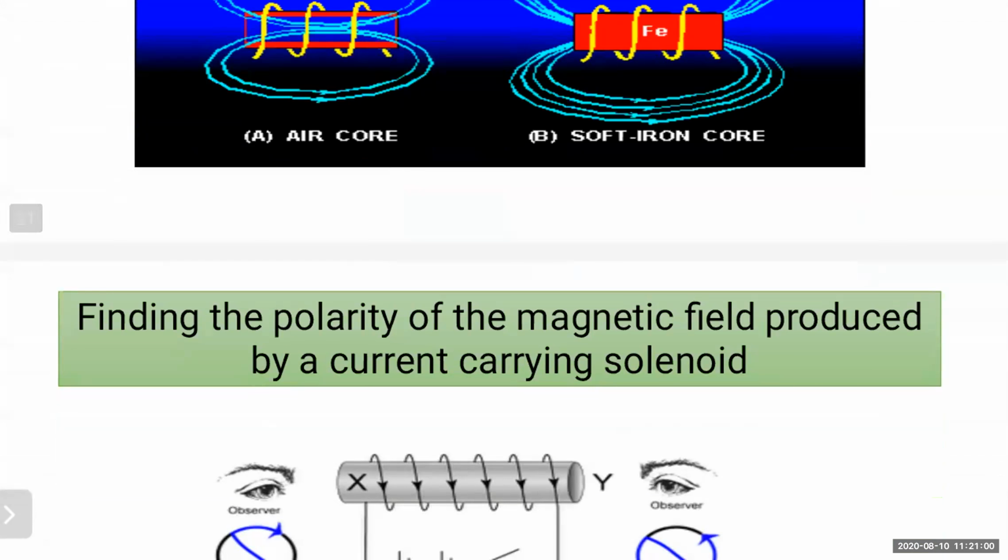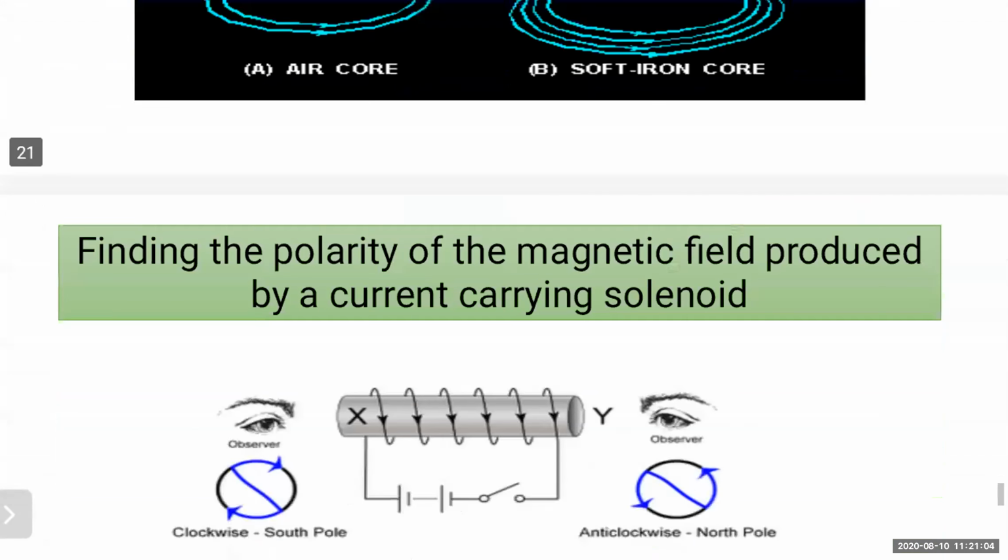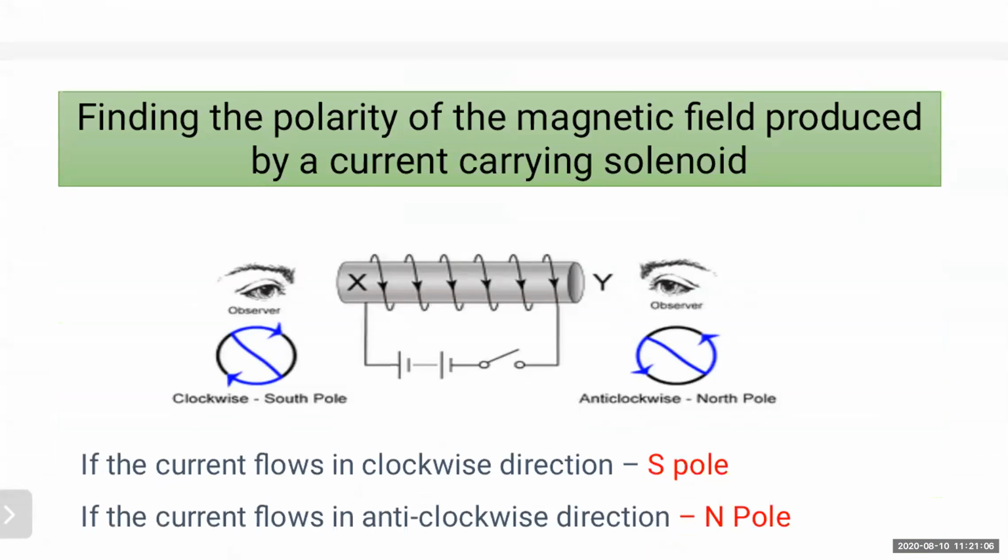So, finding the polarity of the magnetic field produced by the current carrying solenoid. Look at the figure here. The current carrying conductor is in the form of turns, in the form of loops.